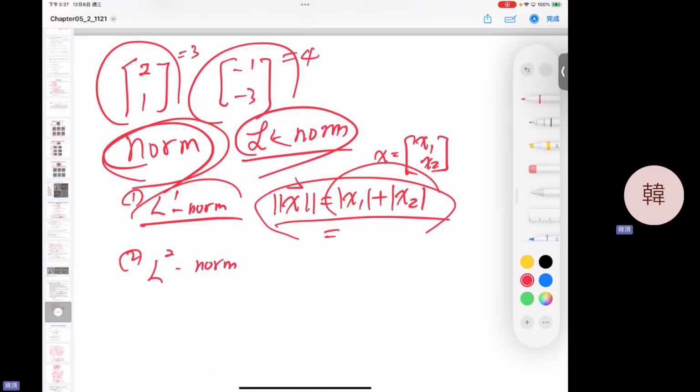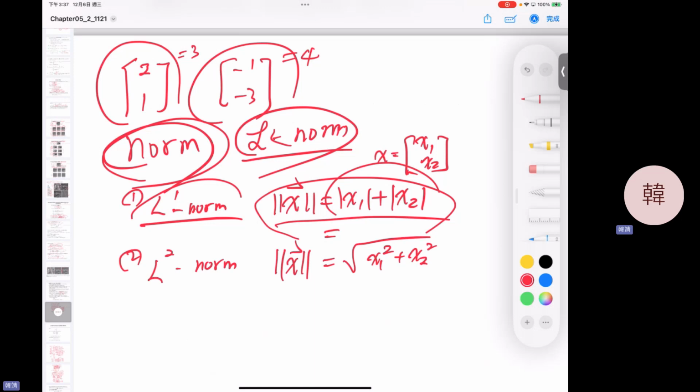The second one, the most famous one, is the L2 norm. It's the Euclidean norm. The norm of the vector x is derived as the square root of x1 squared plus x2 squared. So it's just the direct distance.